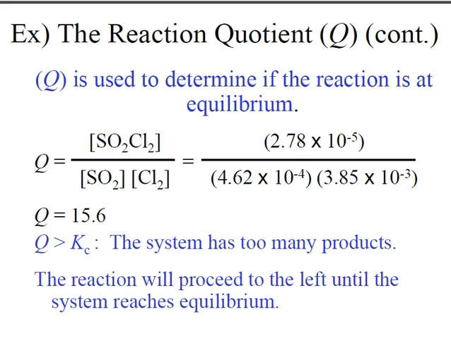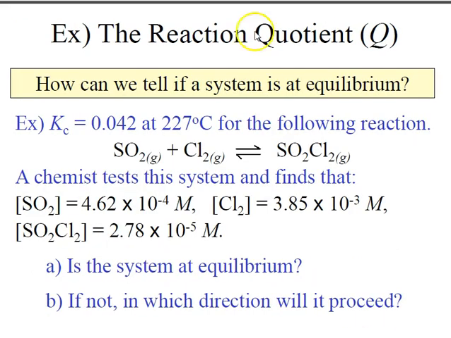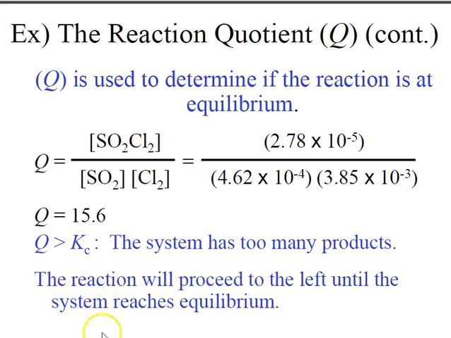All right, if we look back, K was 0.042. Let's write that down over here. 0.042 was K, and Q is 15.6. So Q is much greater than K. Now let's think about how both of them are calculated.